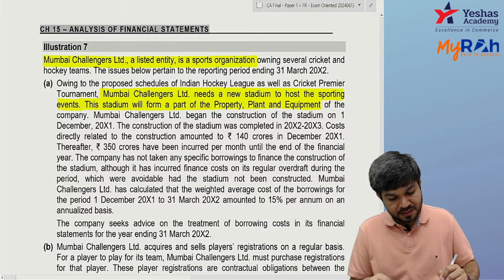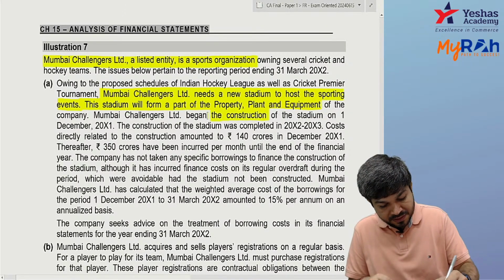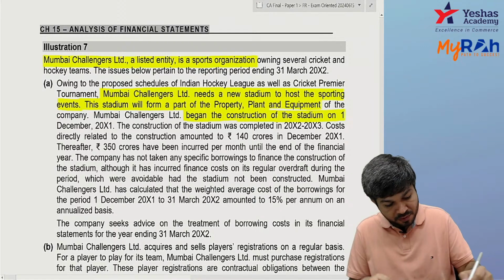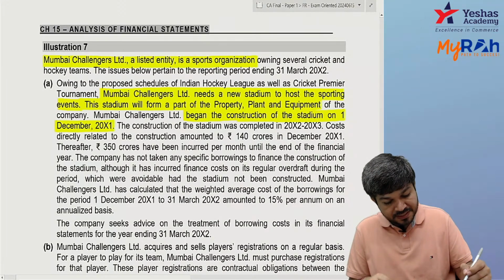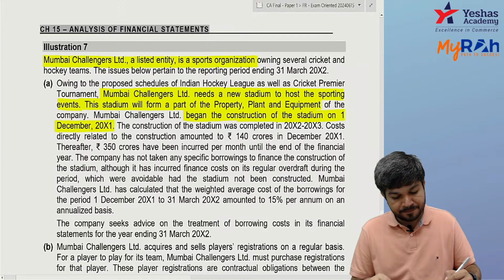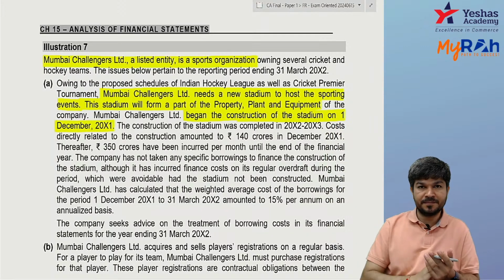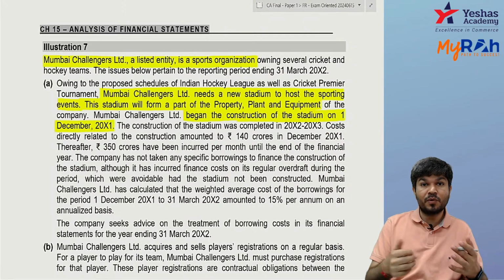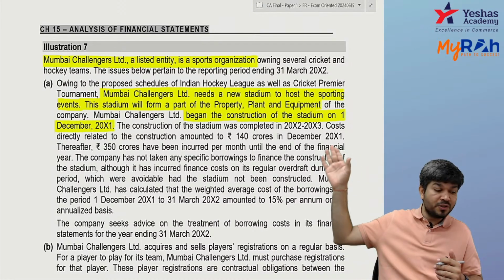Understandable? Now, the construction began on 1st December and was completed in 2002-3. Currently this is 2001-2. We started in 2001-2, and it will be completed in 2002-3.